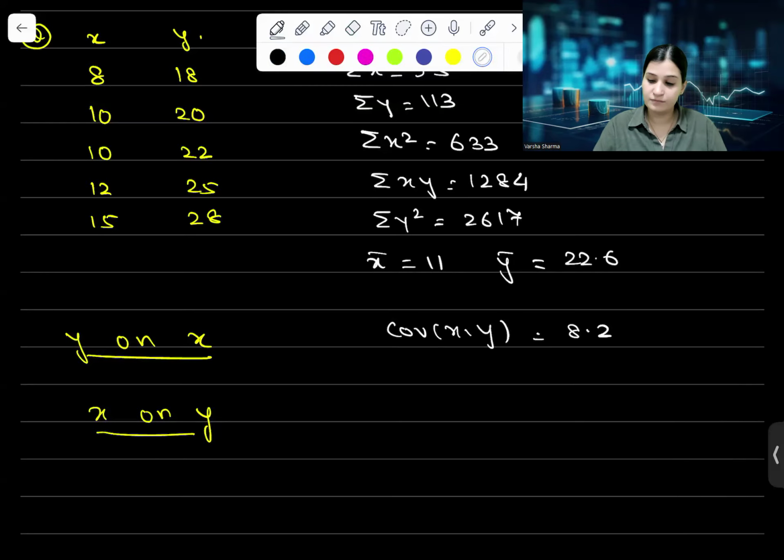Did you get it? Yes, ma'am. Variance of x is 5.6.